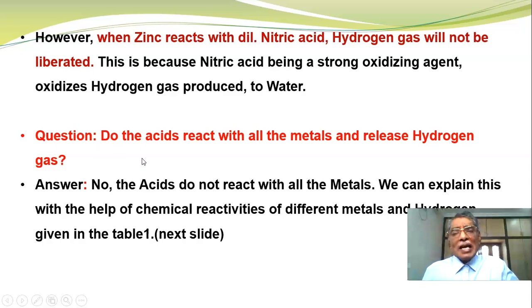Now, let us see a question. Do the acids react with all the metals and release hydrogen gas? No. Acids do not react with all the metals. We can explain this with the help of chemical reactivities of different metals and hydrogen given in table 1.